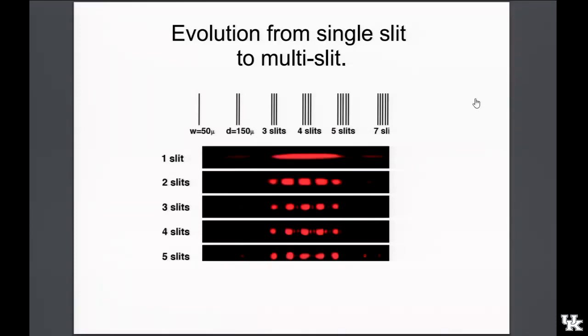Multi-slit might mean 1,000 slits or 10,000 slits, a huge number of slits. What you get then is a fantastic pattern: locations of intense bright spots with these great deserts between them of destructive interference. Let me show you that.